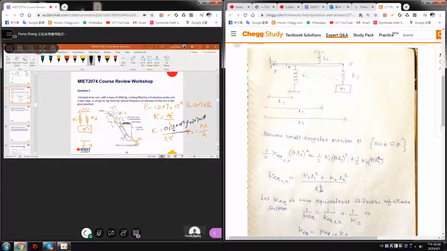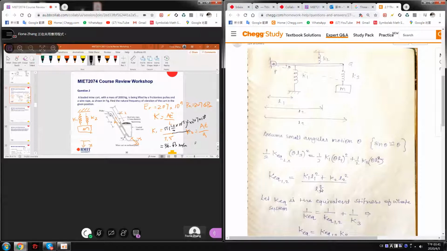Okay, K1 and K2. After you calculate, K1 is 30.53 kilonewton per meter. K2 is, so this is 9 meters, so this is different. Oh, sorry, this is 36.63.